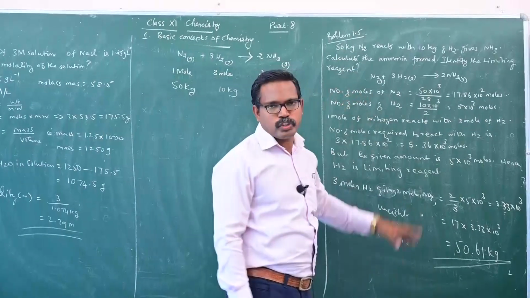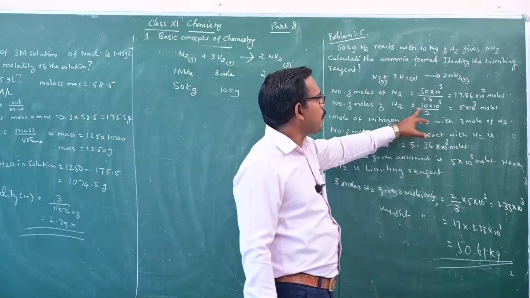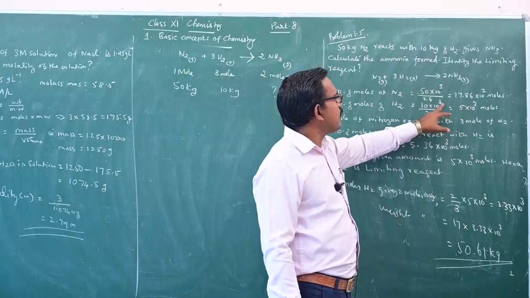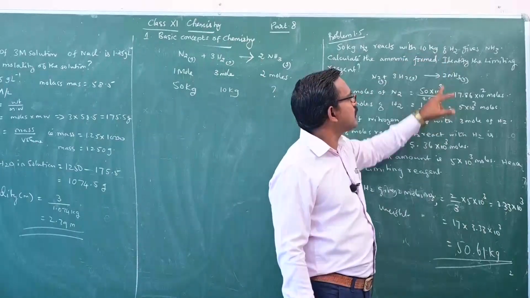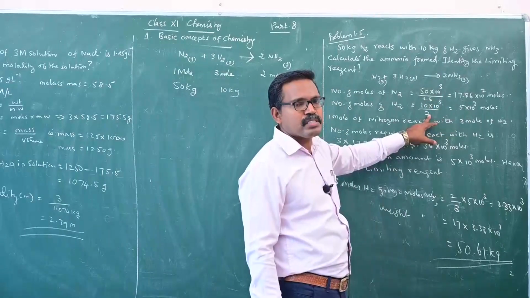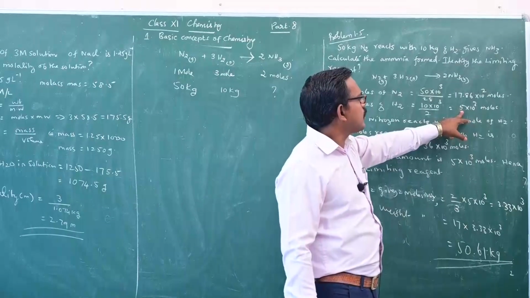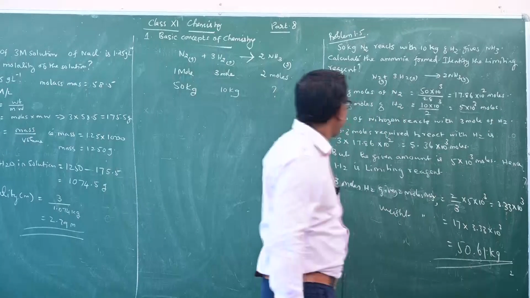Similarly, number of moles of hydrogen is 10 into 10 to the power 3 divided by 2, where 2 is the molar mass of hydrogen, that is 5 into 10 to the power 3 moles.